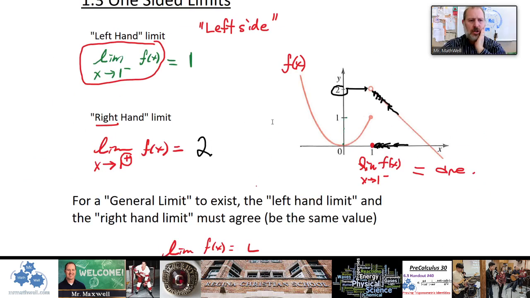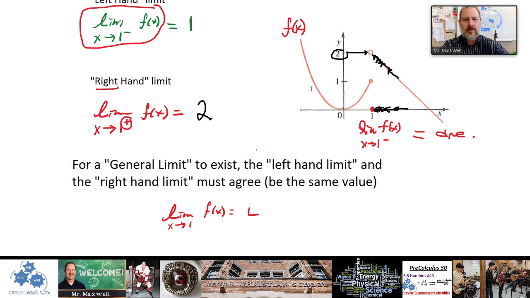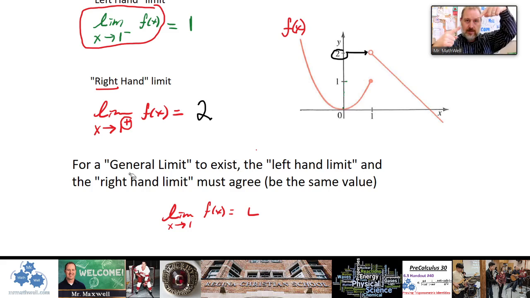We need to understand that the left-hand limit exists here and the right-hand limit exists here. But the general limit, and I say general in quotes, you may see it mentioned different ways, only exists if the left-hand limit and the right-hand limit agree, or are the same value.